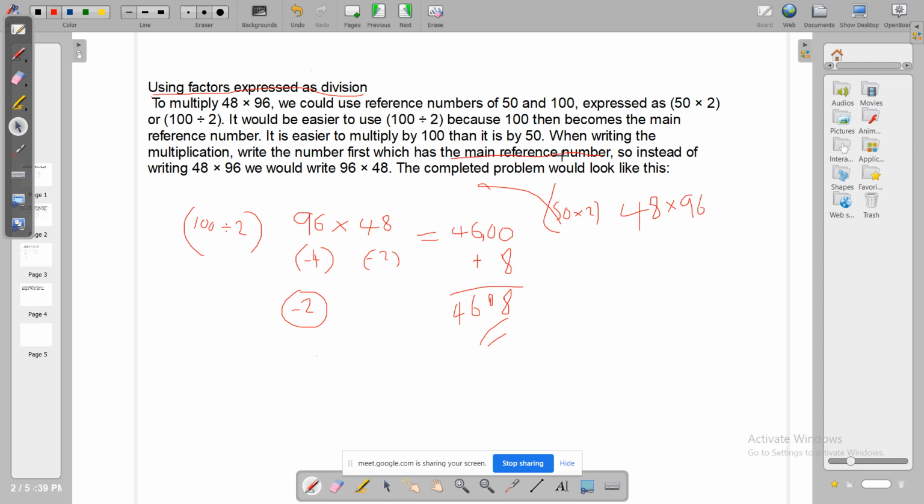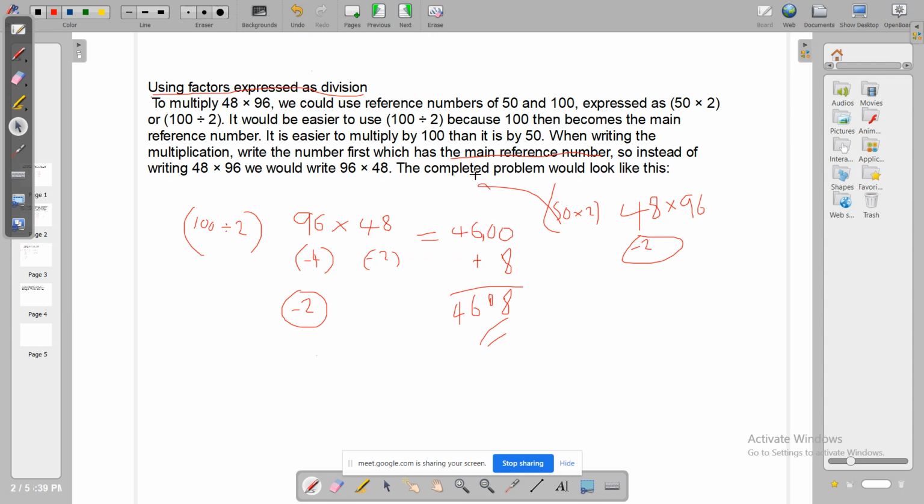Do you understand? Okay, so now with this, what number will you subtract from 50 that will give you 48? Is 2, right? Okay, so here we have our minus 2. Now you come to this side.